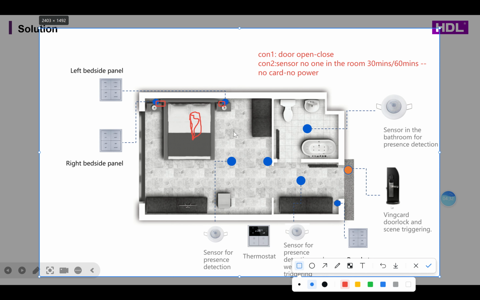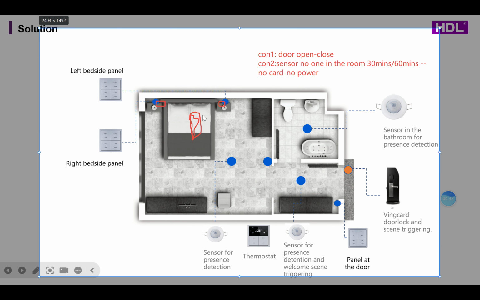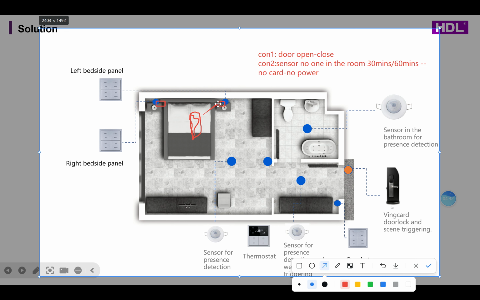So when she wakes up, no matter what kind of button she touches on the panel, curtain, AC, anything, just one button, the system will automatically restore to the last status before she slept.